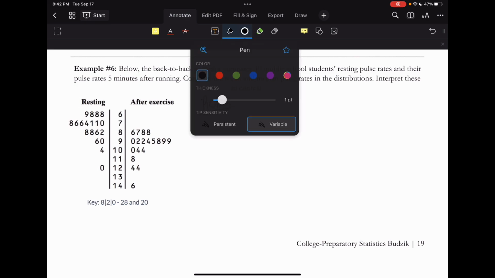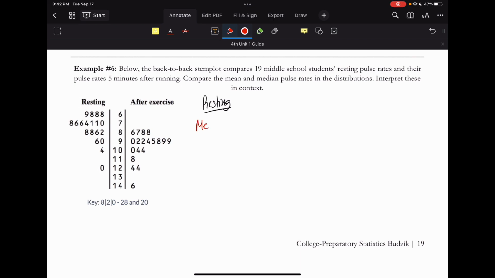again, to find my mean, I need to add up all of my data points. So I have this back-to-back stem plot. So my first data point is 68, and then I have 68 again, 68, 69, 70, 71, 71. Remember, just this is how you read the stem plot.